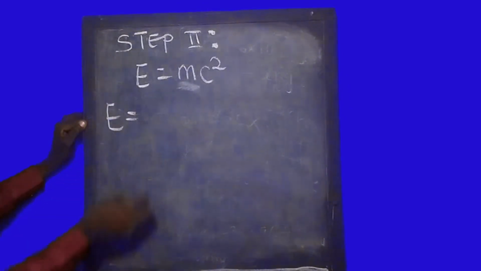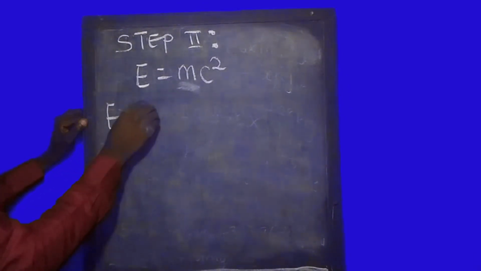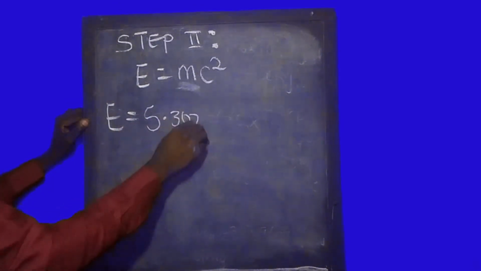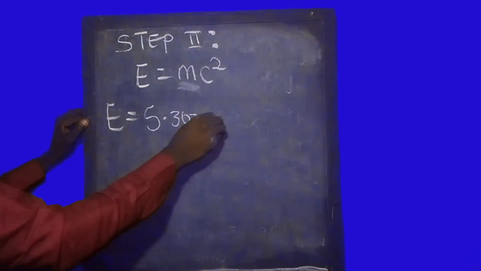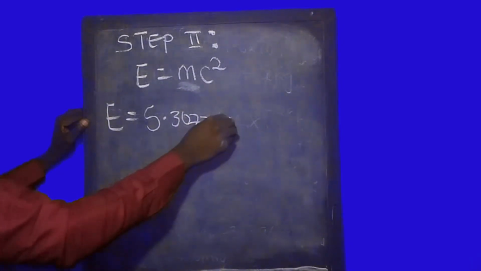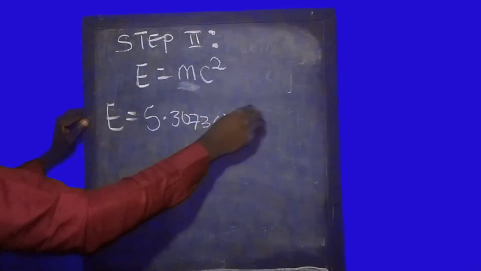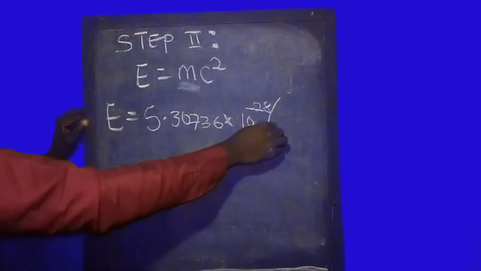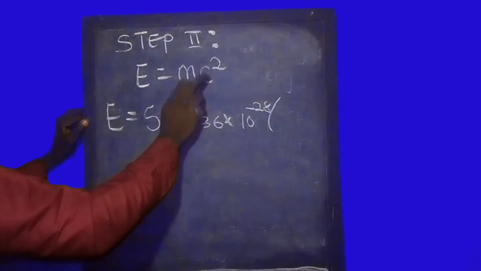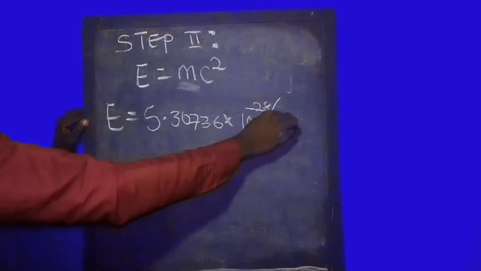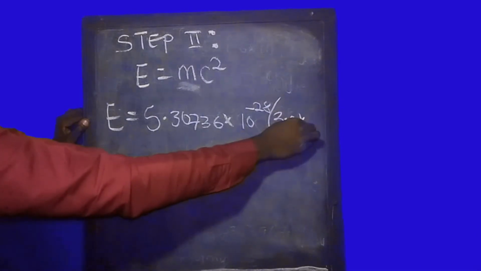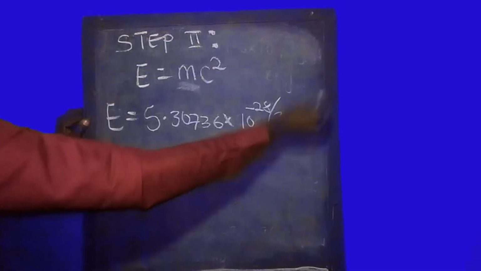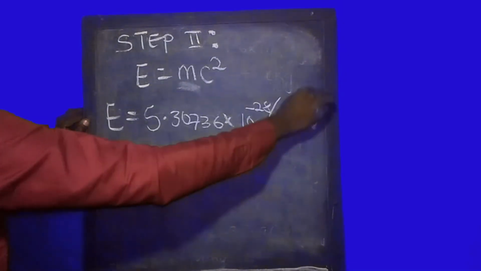E is equal to 5.30736 × 10^-28. Then you open the bracket and put c, the speed of light, which is 3.0 × 10^8.